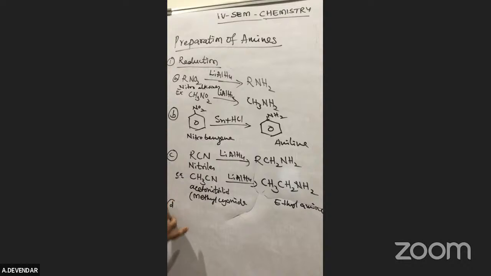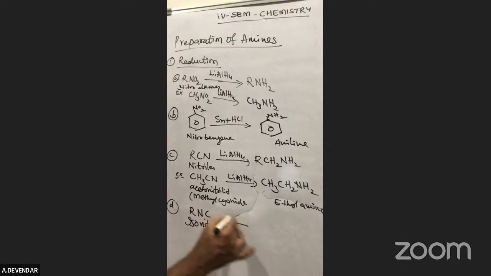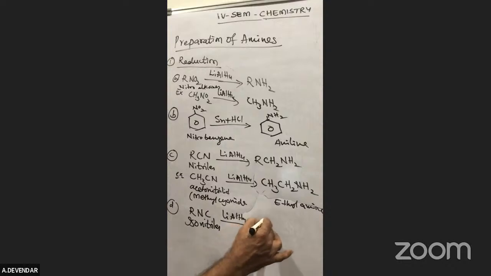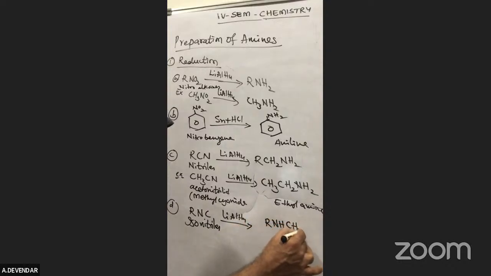Suppose in the case of isonitriles, that is NC. When isonitriles are reduced in the presence of lithium aluminium hydride, you get secondary amines, RNHCH3.